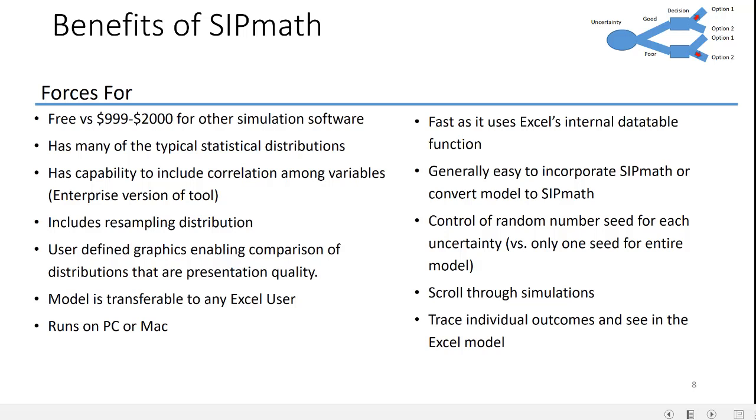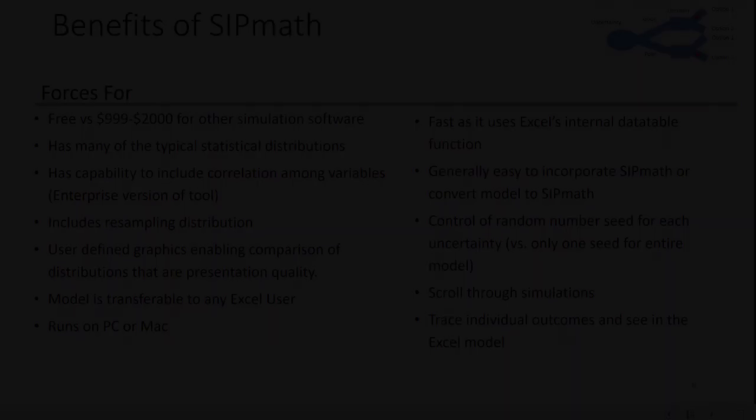We can control the random number seed for each of the uncertainties. Typically in the other software, you only have one seed, if you even use one seed. And as a consequence, you can easily get different answers. We can scroll through the simulations as we've seen in the demonstration, and we can trace individual outcomes and see it in the Excel model. This is very helpful when debugging your model.